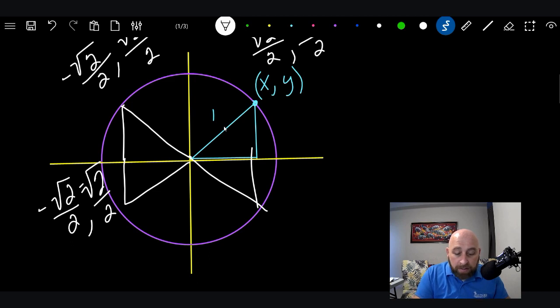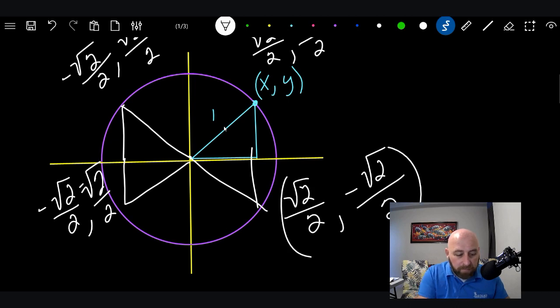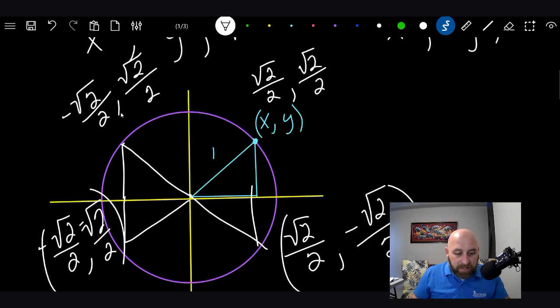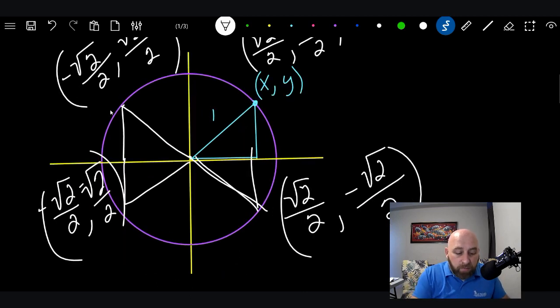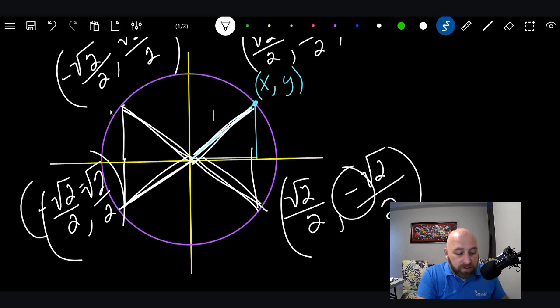Now it is positive on the x, positive square root of 2 over 2, and negative on the y, negative square root of 2 over 2. So our data didn't change, just our signs changed. Why not? Because every one of these is a 45-degree angle. They're just 45-degree angles in different directions, and that's why the signs are changing.